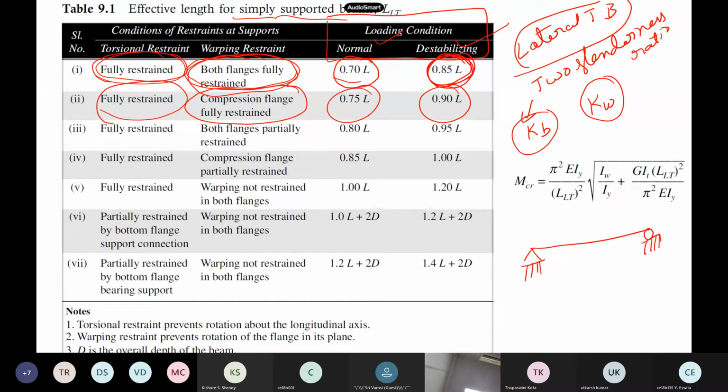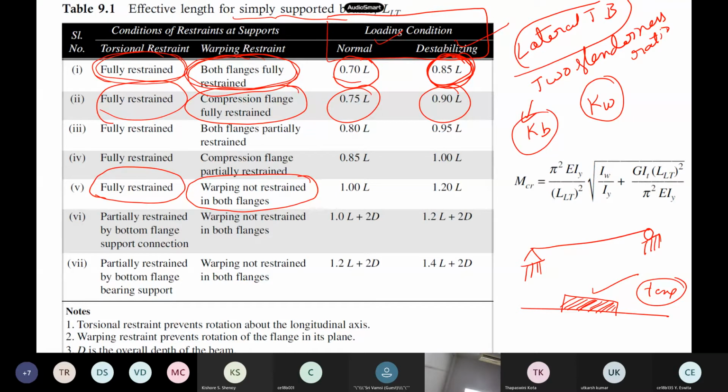Now in this problem we are assuming torsional restraint as fully restrained, and warping is not restrained at the flanges. So when you don't restrain, what happens? You remember, if I have some iron flat and I increase the temperature, what happens to the stress inside this iron flat?